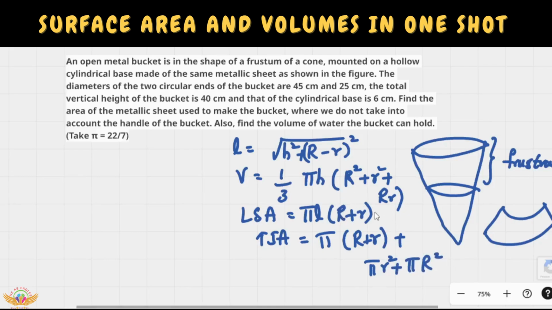Capital R and small r are the radius of the bigger part and the radius of the smaller part. Okay, these are the formulas for the frustum of the cone.